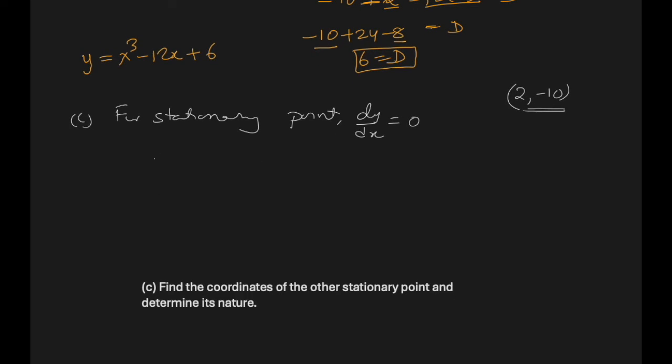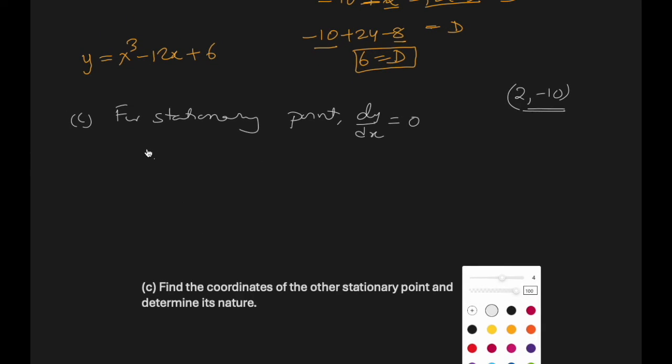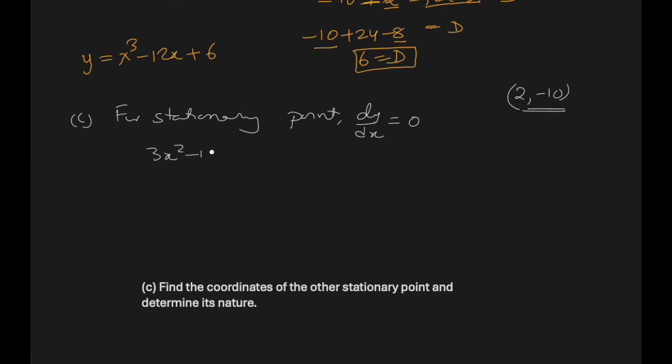So it gives me 3x square minus 12 is equal to 0, 3x square equal to 12, x square equal to 12 over 3, which is 4, and if I square root both sides, x is plus or minus 2.